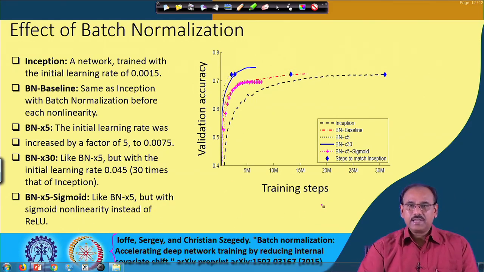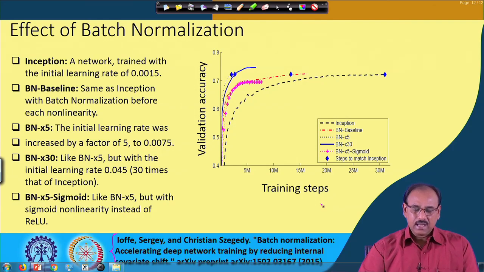The experiment was done on a network known as Inception, and the initial learning rate of the network was 0.0015.